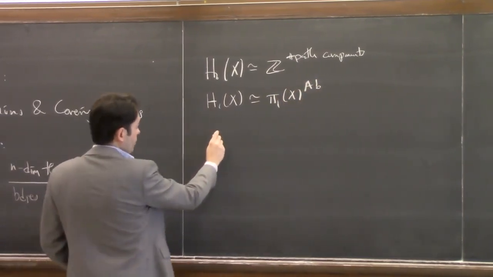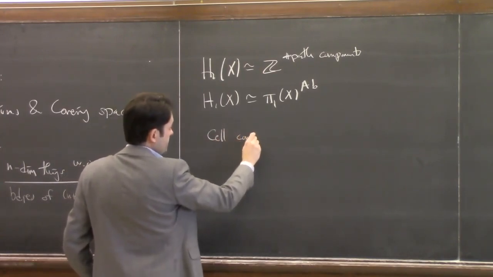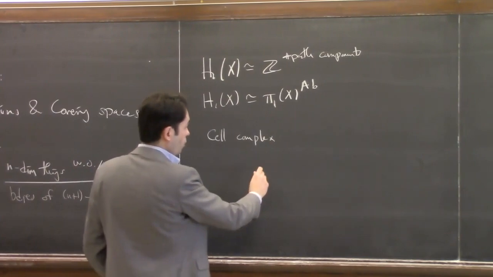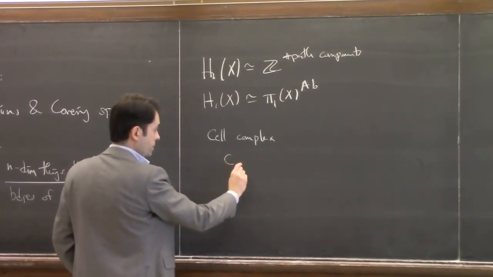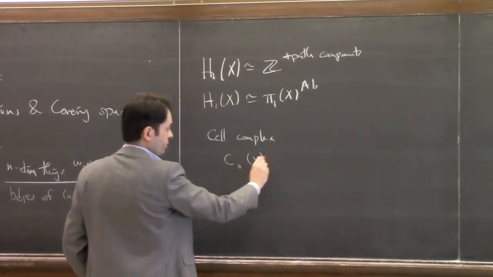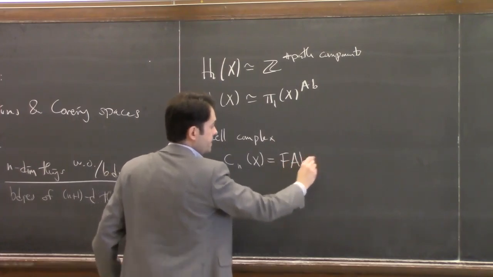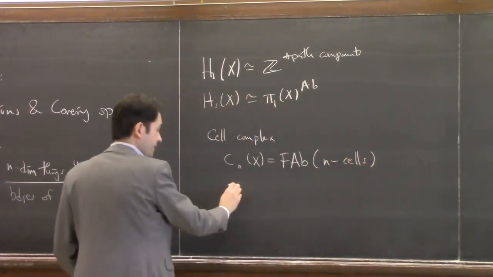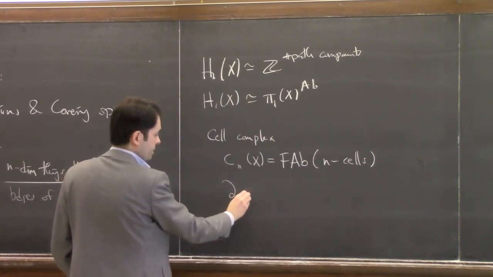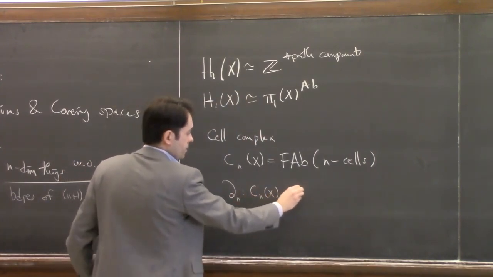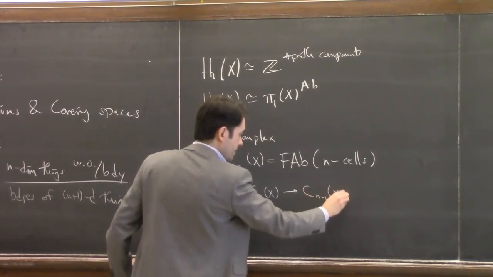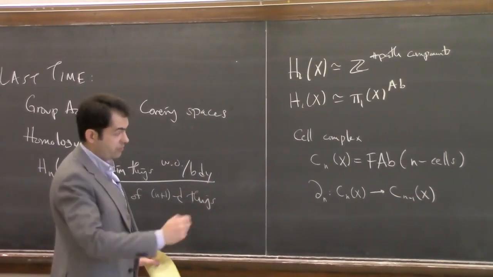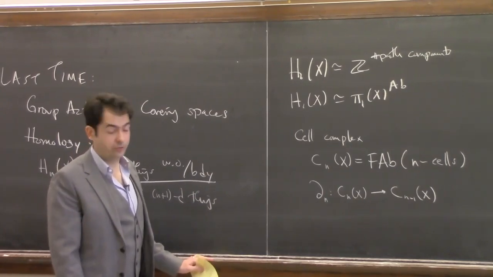Right? So for a cell complex, we have these groups. Cn of x is going to be the free abelian group on the n cells. Then we want to have a map that expresses the boundary of the n-dimensional cells in terms of the n-1 dimensional cells.